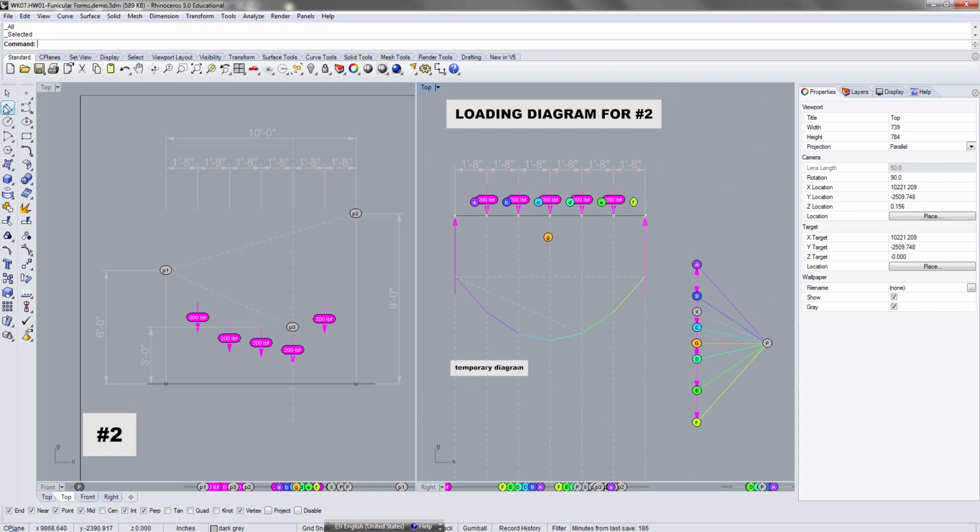Alright, so I didn't bother drawing a temporary, bogus funicular curve, but it should look something like this.